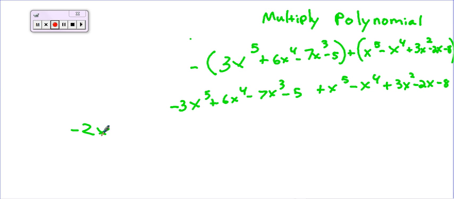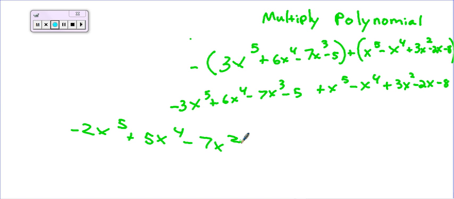So negative 3 minus 1 is negative 2x to the fifth. 6x to the fourth minus x to the fourth is plus 5x to the fourth. I don't have another x to the third, so negative 7x to the third stays the same.